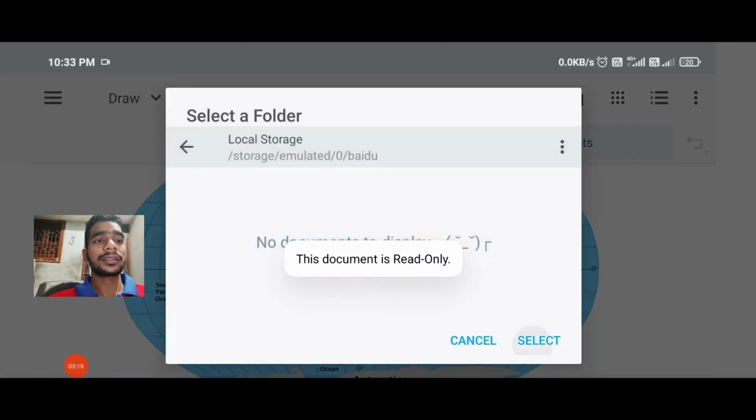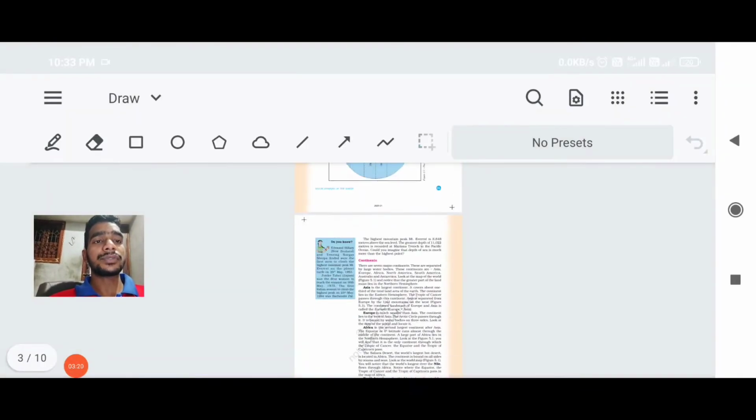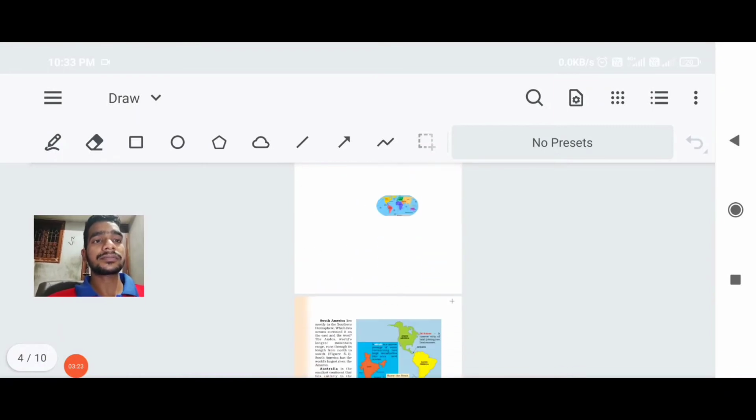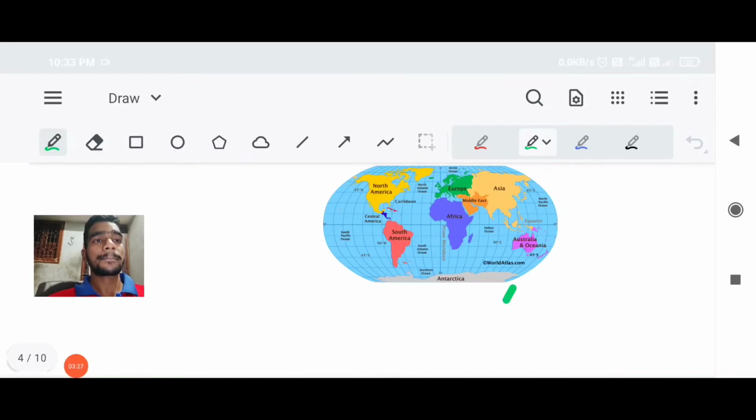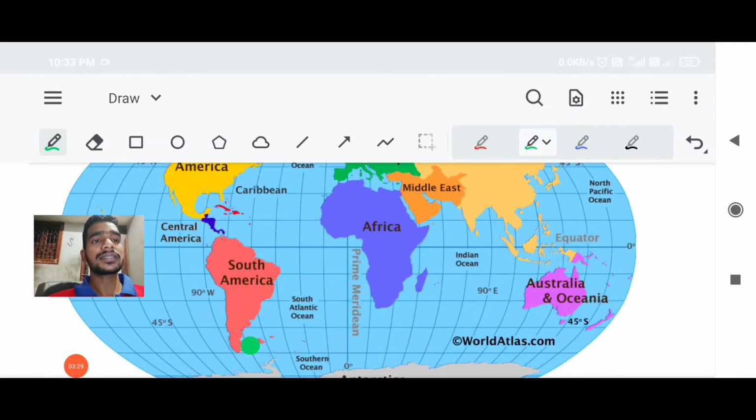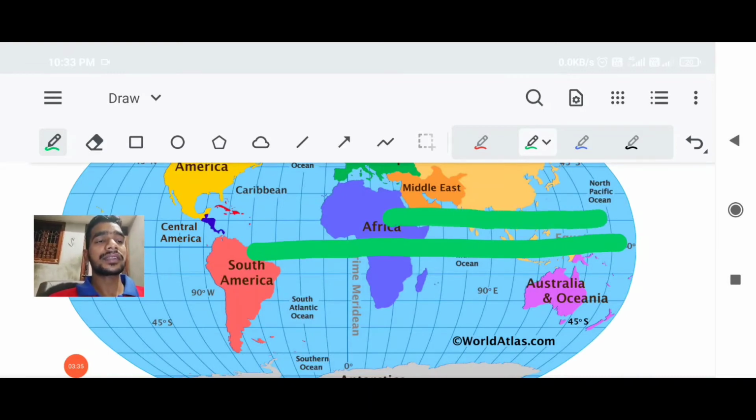Sorry for the interruption. So you can see this is Africa, this is the 0 degree latitude, this is the Tropic of Cancer, and the Tropic of Capricorn. All these 3 are passing through it.